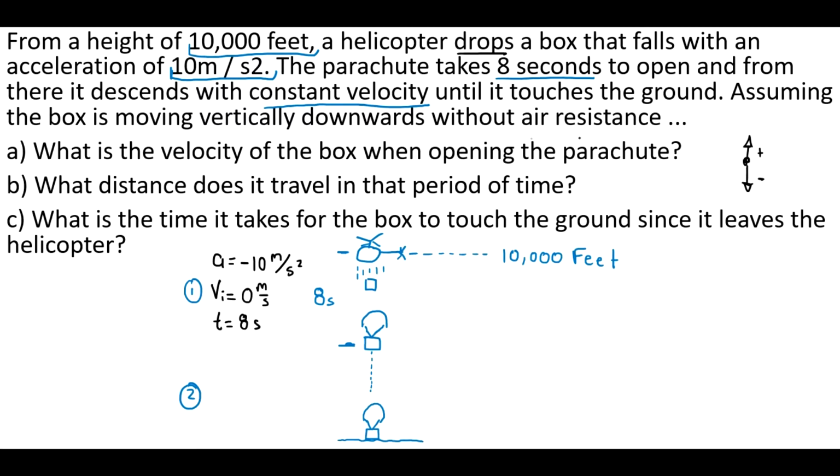So the first question that they asked: what is the velocity of the box when opening the parachute? So the final velocity, that's the one that I need to find. Let's just remember that at this point here is the initial velocity, and at this point will be the final velocity.